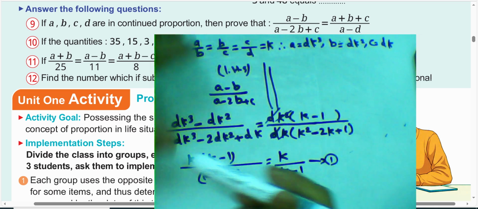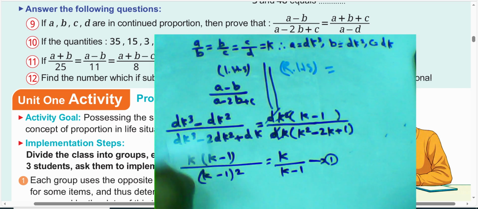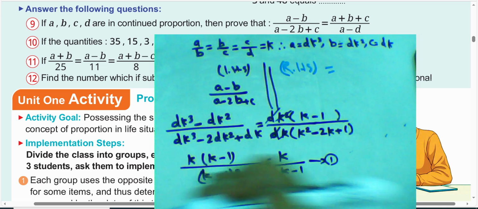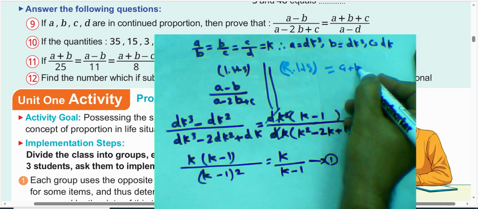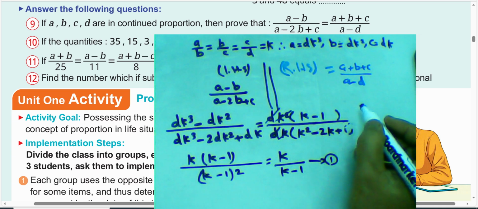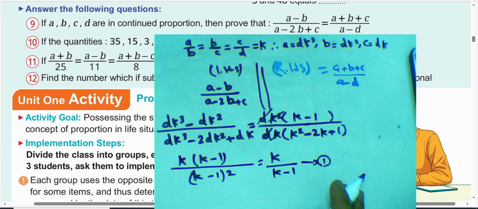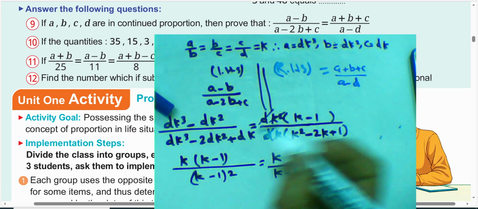Right hand side here equal a plus b plus c over a minus d. Okay, this relation number 1 and this relation number 2. Complete with me here number 2.